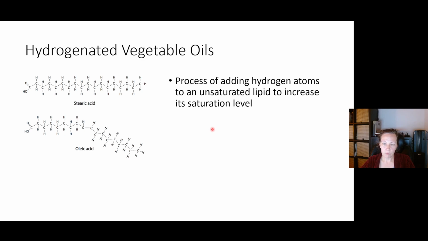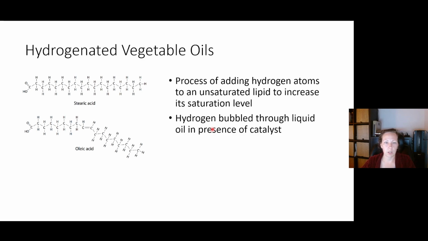How they do it: they have a catalyst and the liquid oil, and they just bubble hydrogen through it, and the fatty acids in that oil will uptake the hydrogen. It will go from, like, this oleic acid, and when you add hydrogens, they break that double bond, it adds the hydrogens, and it becomes stearic acid.